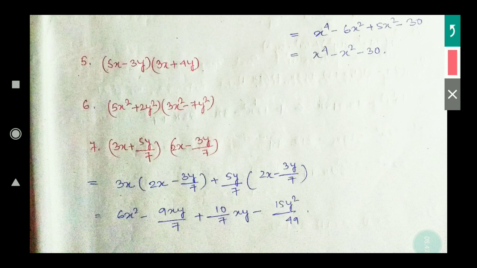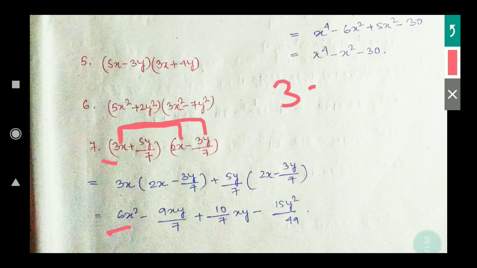So with this 3x you have to do the multiplication of the first term. So 3x into 6x, what will it be? 3 2s are 6, that I told you now. First you do the multiplication of constants, so 3 and 2 is 6, x and x is 6x². Now with the second term, 3x into 3y/7.